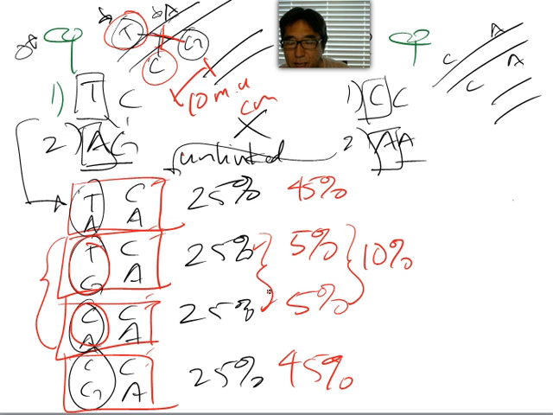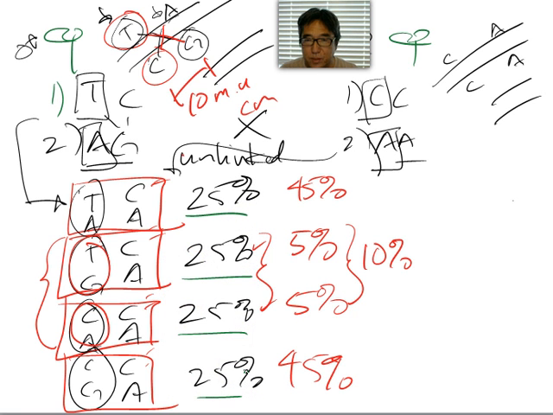So basically what we'll have to do is look at the progeny and see if we see some kind of equal distribution among the 4 possible genotypes in the progeny. And if that's the case, then they're not linked.